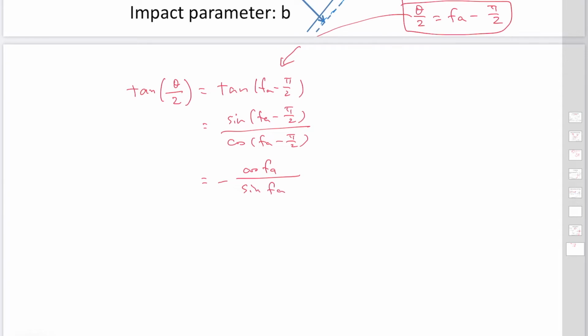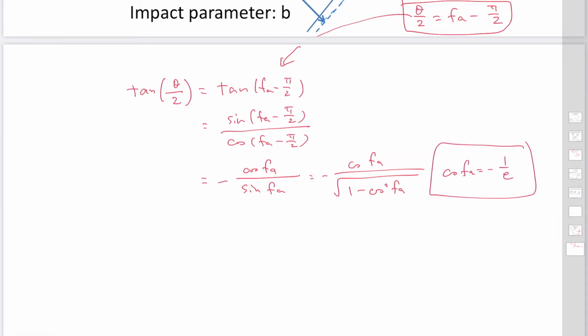And sine f sub a is expressed using the square root of 1 minus cosine squared f sub a. And for the cosine, you can use cosine f sub a equals minus 1 over e. Then it becomes 1 over the square root of e squared minus 1. So tangent theta over 2 becomes 1 over the square root of e squared minus 1.